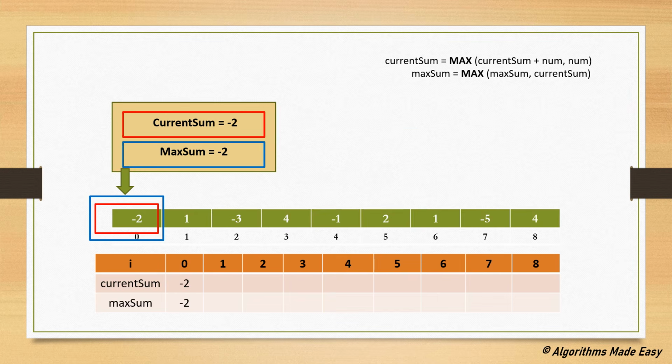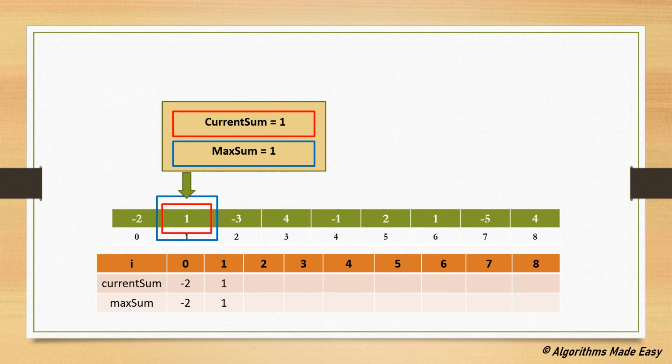Let's take the same input array. This is the initial stage for both the current sum and the max sum. The current sum would be the maximum of its sum with the current element, that is minus 1, or the current element 1 itself. So it becomes 1.